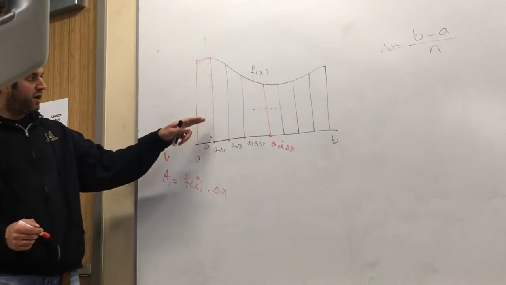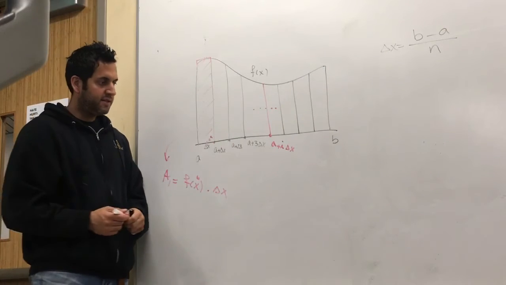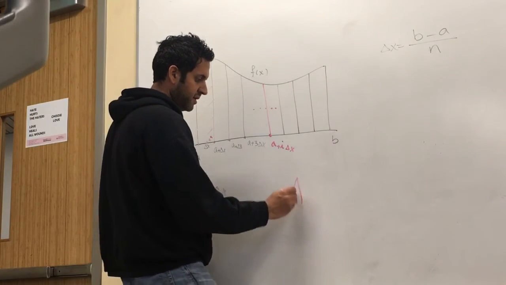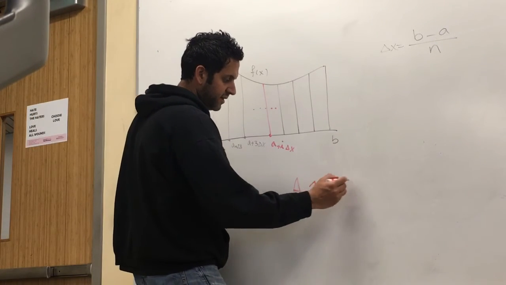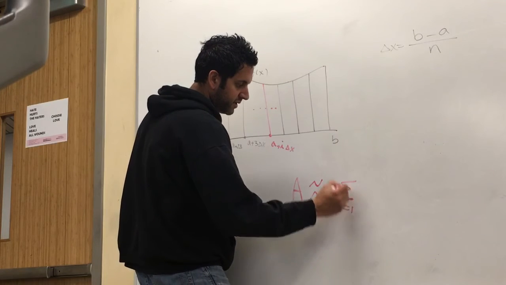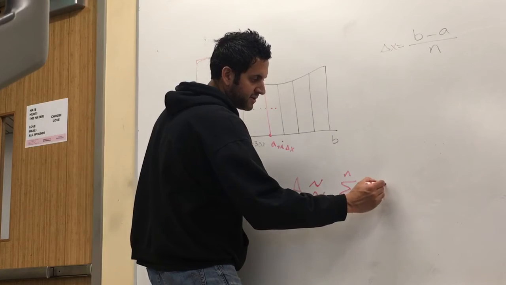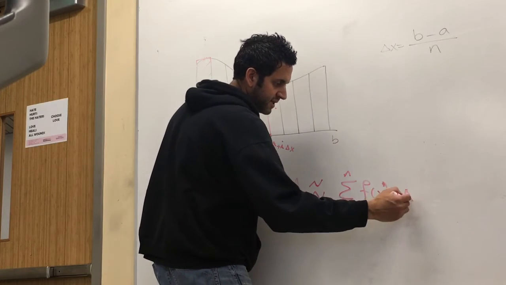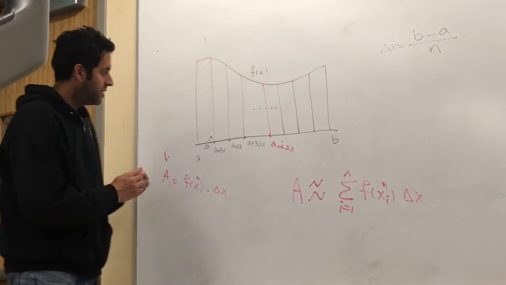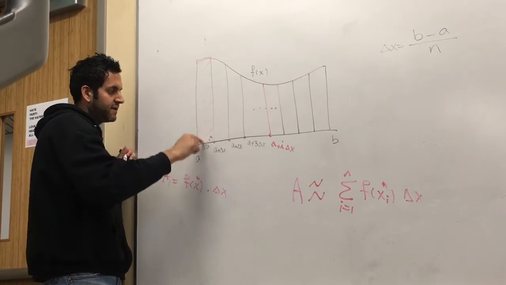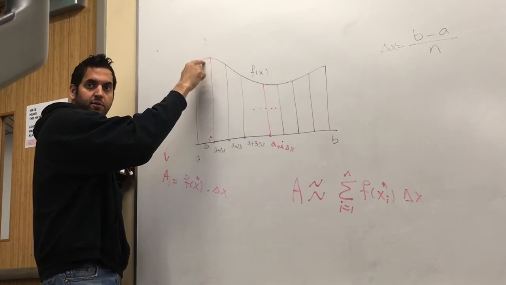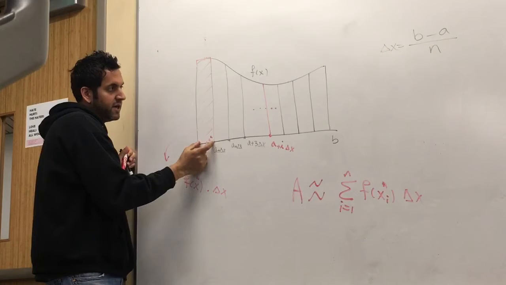And when you have 1, 2, up to n of those, then the total area is roughly the sum of i from 1 to n of f of xi star times delta x. So f of x star is the height of that point times delta x.